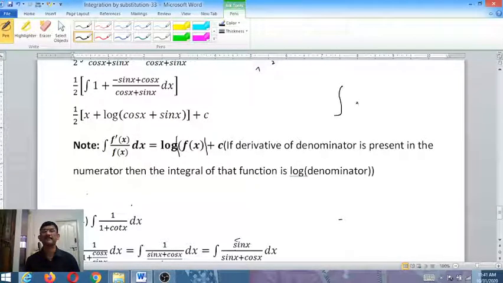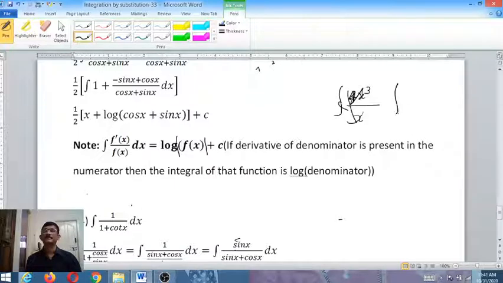Look at a simple one. I write here, already x to the power 3 is there. Here it is x to the power of 4.